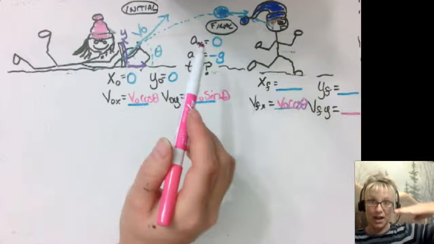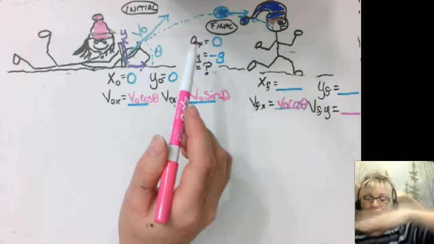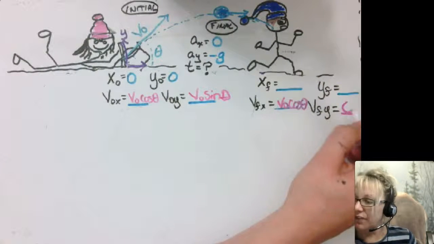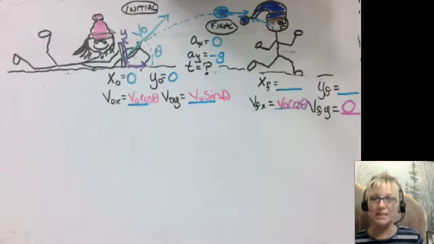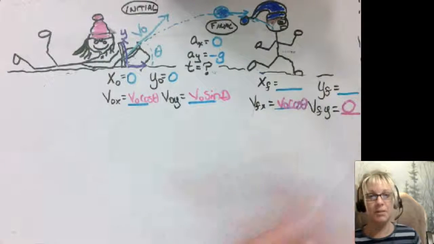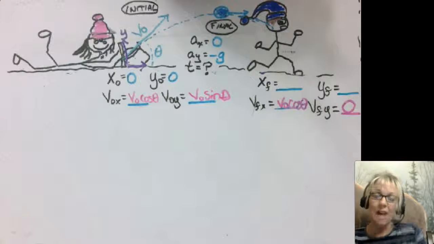It basically went up, up, up, up, up, up, down, down, down, down, down, and the maximum point is that transition point. So the velocity at that moment will be 0 meters per second. Again, I don't know that final position at all. I'm going to leave lines there just to let myself know I've acknowledged those.